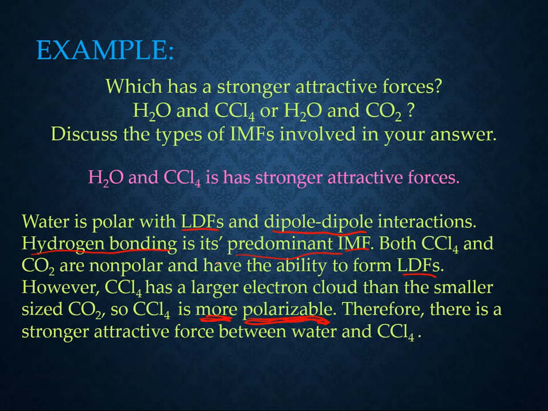So when you're looking at this, these are the kind of things that you want to state in making your claim, that the stronger forces are between water and carbon tetrachloride, and then in your reasoning, explaining both types of IMFs in the answer as you're going along. And this is a very typical free response type question they would ask you to explain with regards to IMFs.